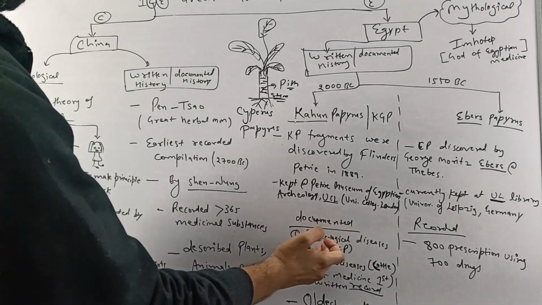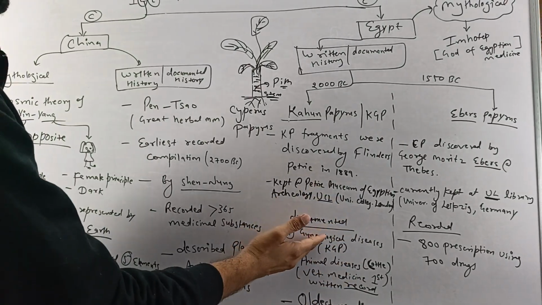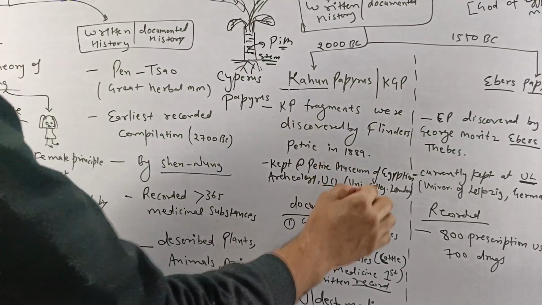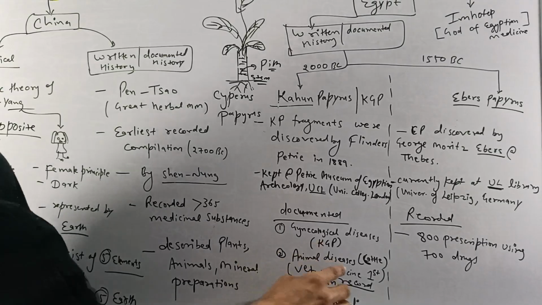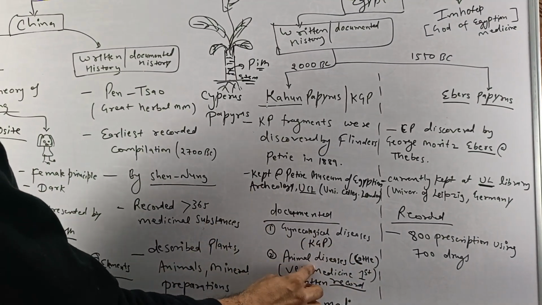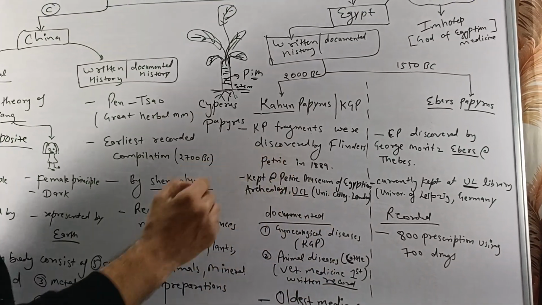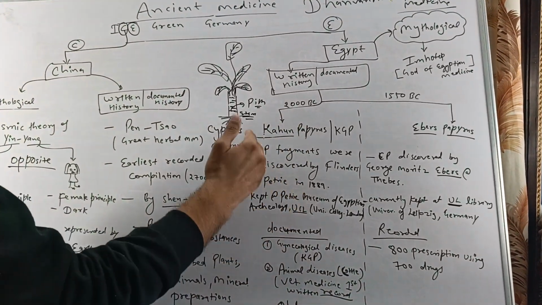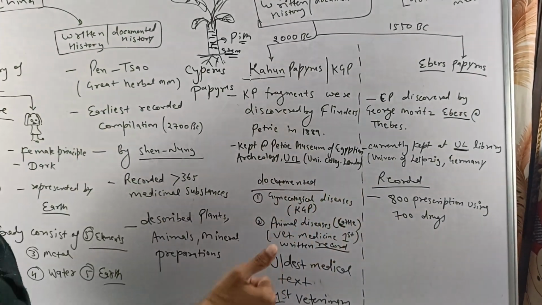Based on these, this paper is also known as the Kahun Gynecological Papyrus. Second is animal diseases, mostly cattle diseases and their treatment. So this is the first veterinary medicine written record.